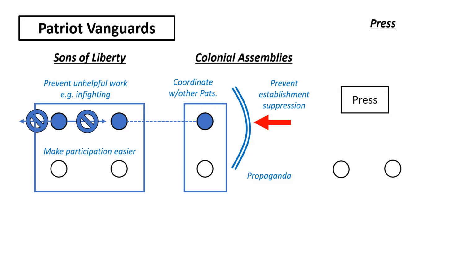Finally, we have the press, which had been alienated from the imperial establishment ever since the Stamp Act. The Patriots further cemented this alliance by exploiting the media's eternal desire for sensational and breaking news, which patriots such as Benjamin Franklin and especially Sam Adams did to great effect.